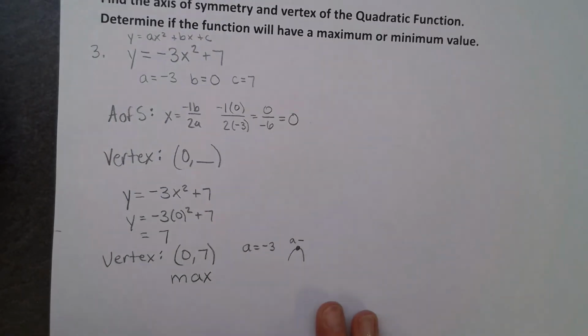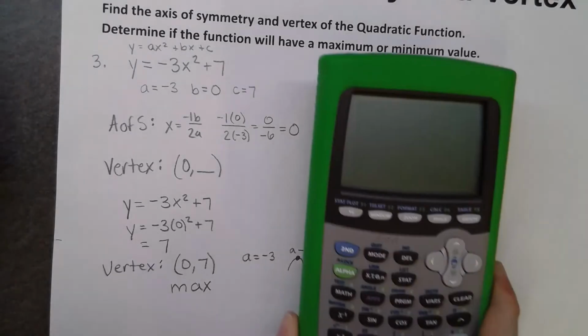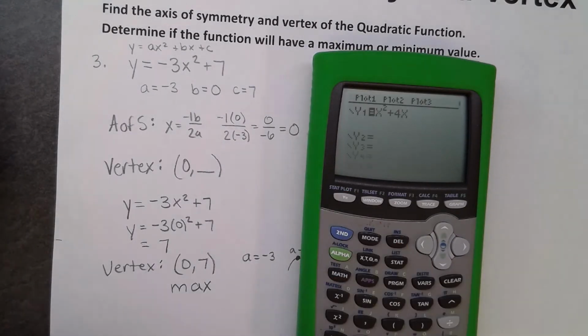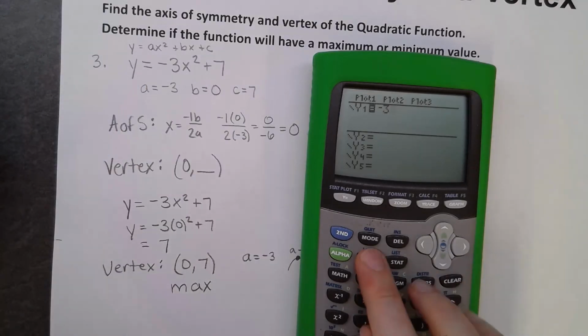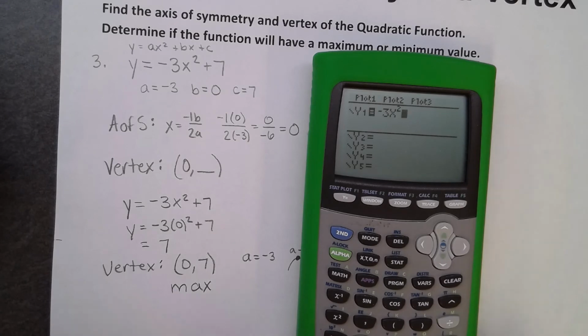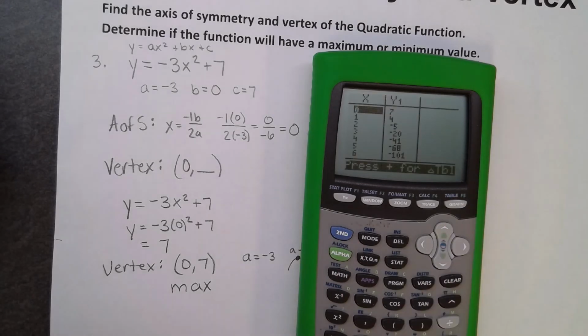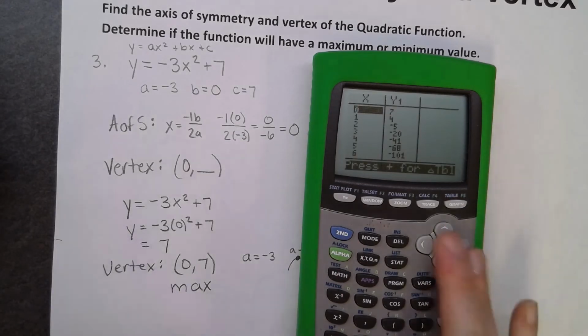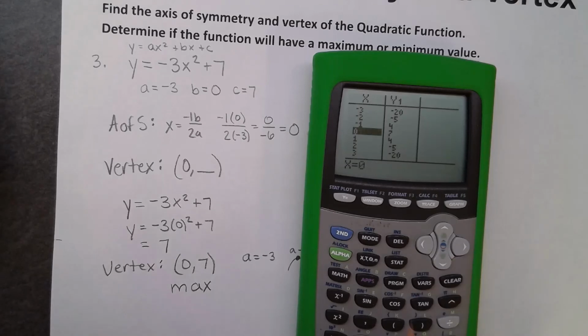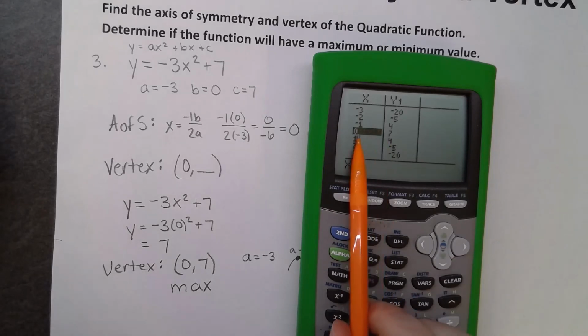Let's walk through those steps again for the graphing calculator. You hit y equals, of course clear out anything you have in there, and you'll type in your equation. -3x squared plus 7. You'll do second table and view that table. We want to scroll to what we think is the vertex. 0, 7.